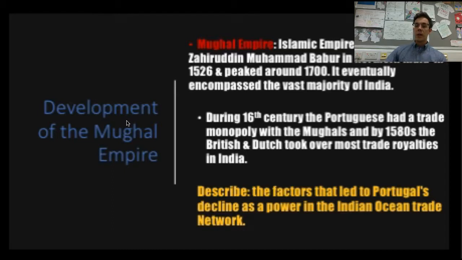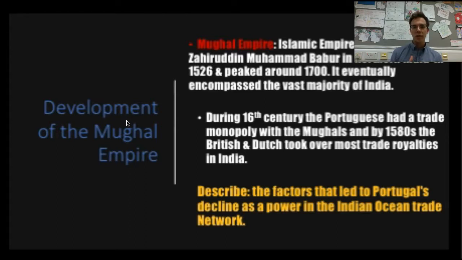Eventually, they'll control the entire subcontinent, and during the 16th century, the Portuguese trade monopoly begins to fall apart at the end of the 1500s, right? And by the 1600s, the Portuguese are in a very steep decline in this overextended trade network that they can no longer control, right?